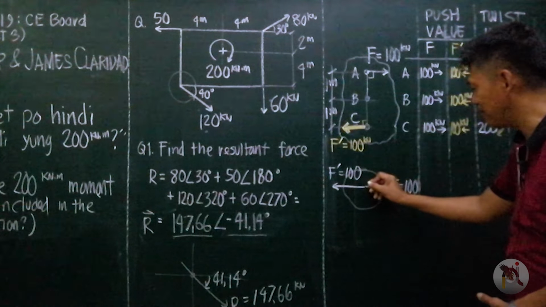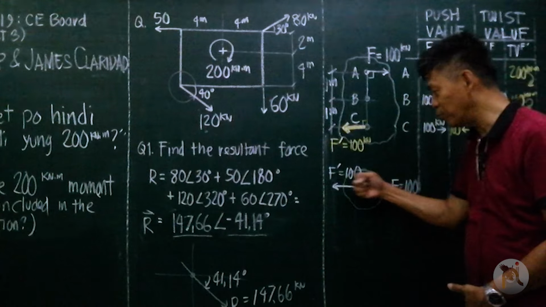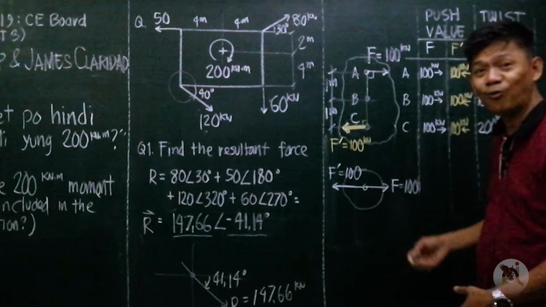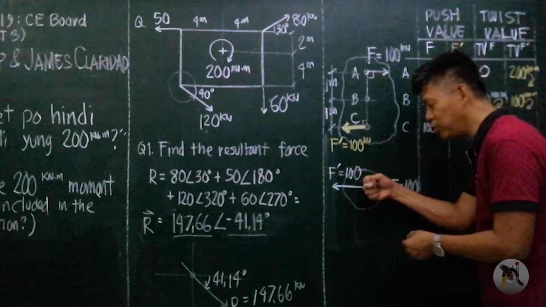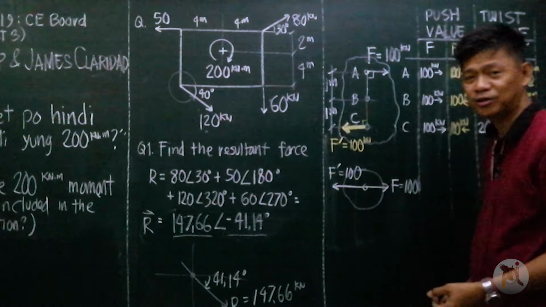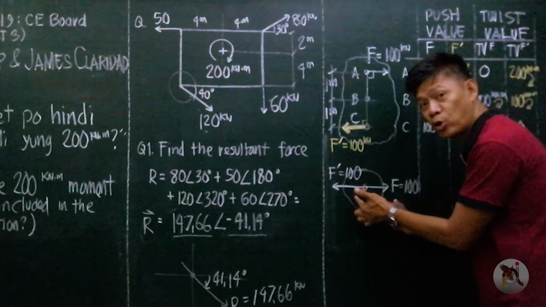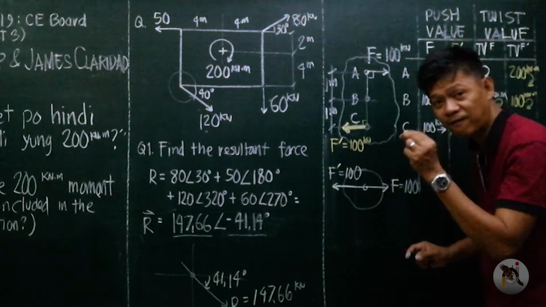What is their resultant? You pull this to the right, you pull this to the left by the same force, nothing will move. The resultant is 0. They will not be able to move this. The resultant push value is 0.